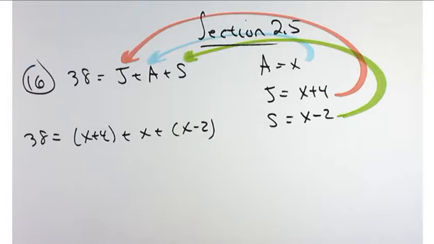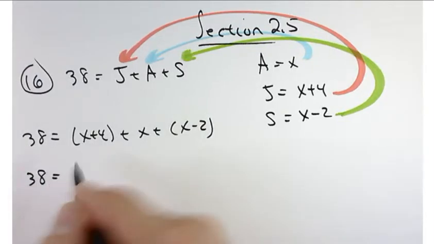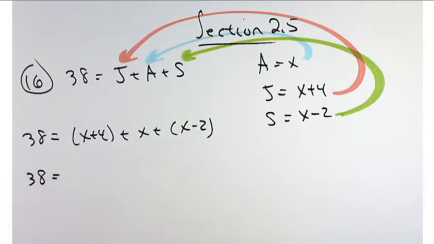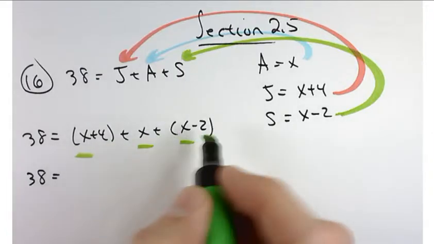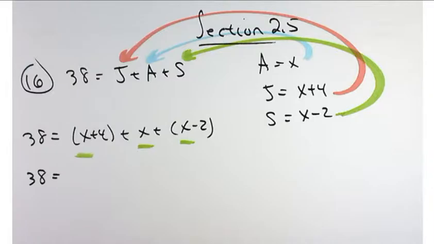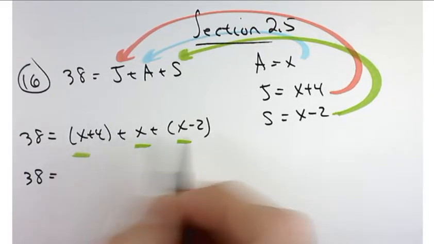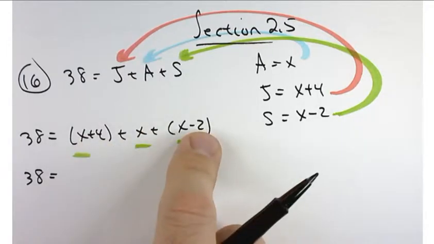Can I simplify the right-hand side? Can I do anything on the right-hand side? Are there any like terms that can combine? Let's start with the x's maybe. How many do I have on the right-hand side? And then I can combine these two, 4 and the negative 2.